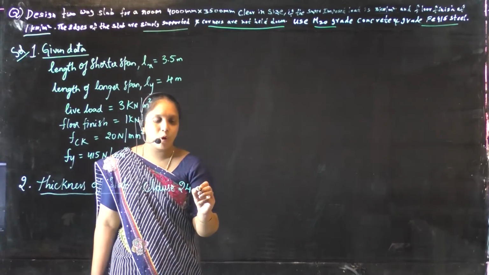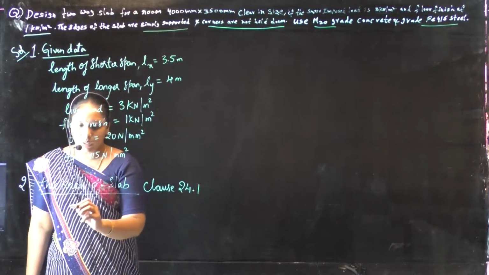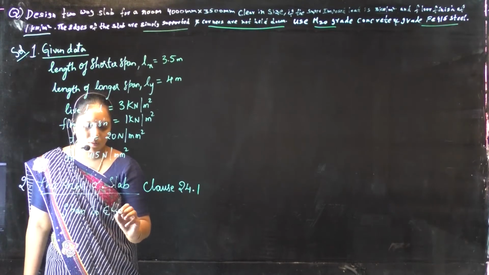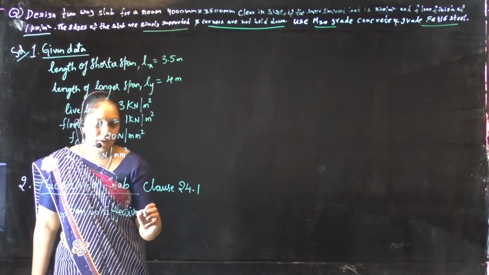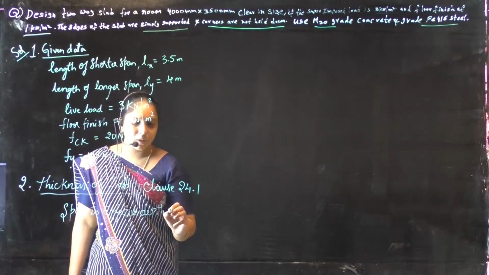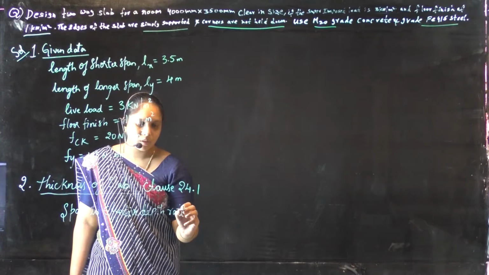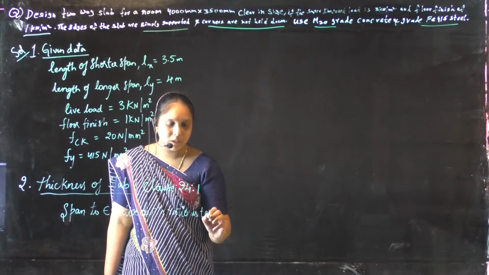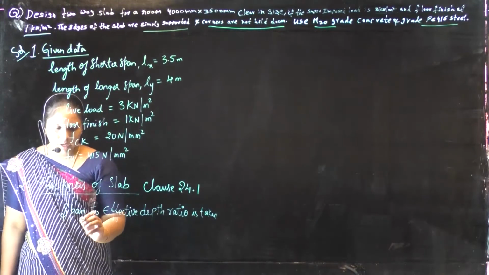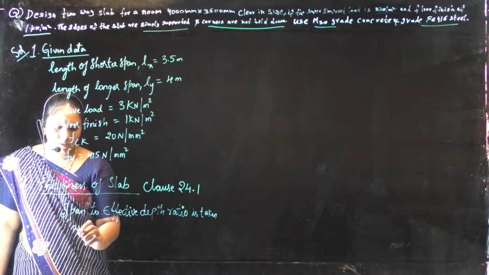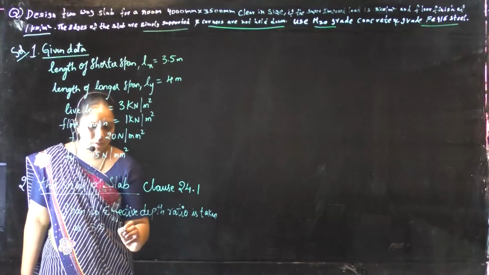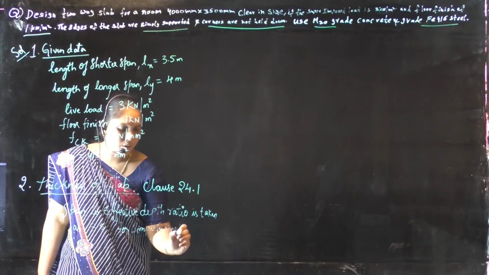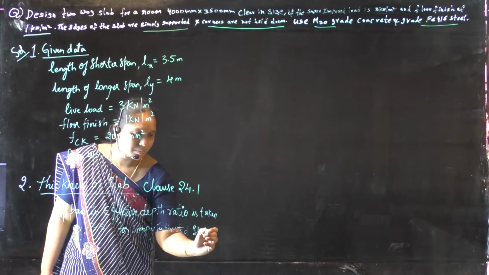As per clause 24.1, the span to effective depth ratio is taken as 35 for simply supported slabs.